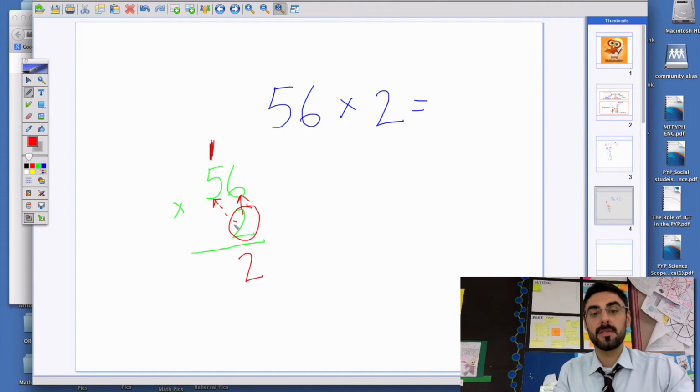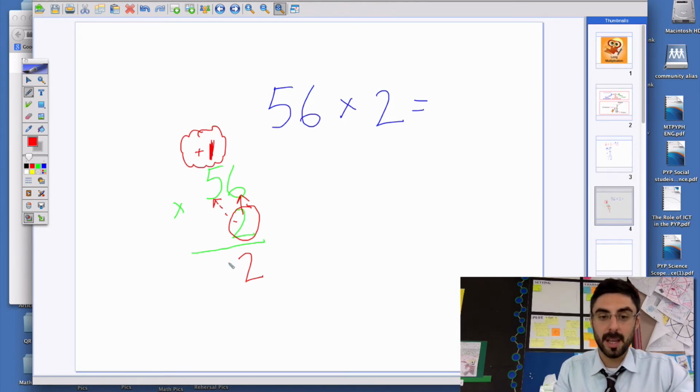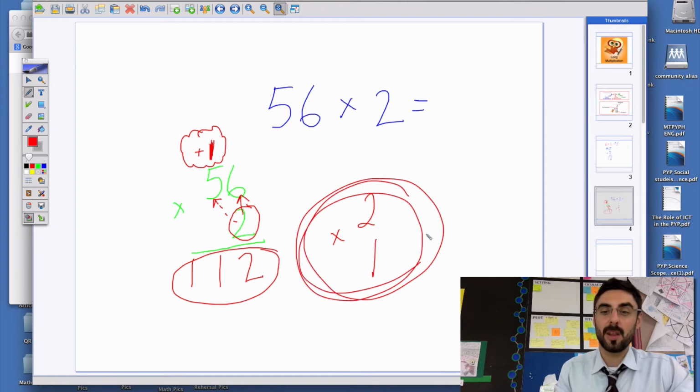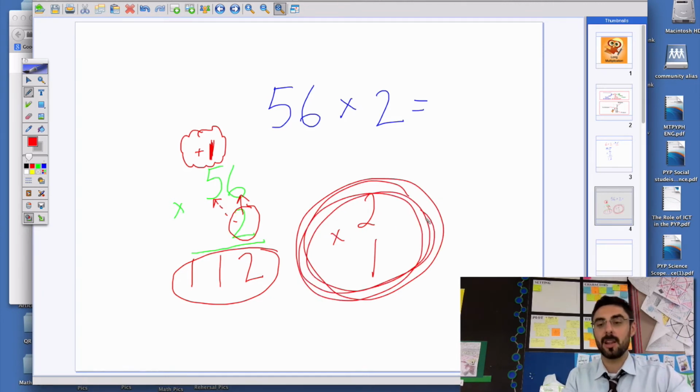So 2 times 5 is 10 plus the 1. I can't forget about this one, you gotta remember it. 2 times 5 is 10 plus 1 is 11, and I write my tens first, then the hundreds. Now there's no more numbers to multiply, so this is my answer. Okay, so this is when we have a 2-digit times a 1-digit. And this is where we're going to practice a lot.